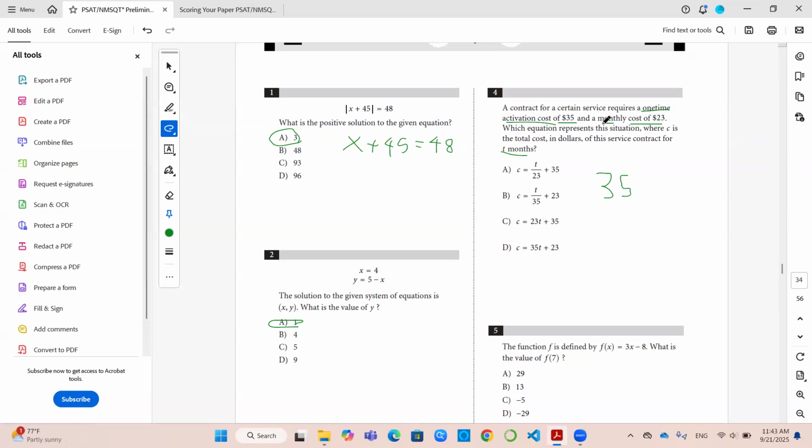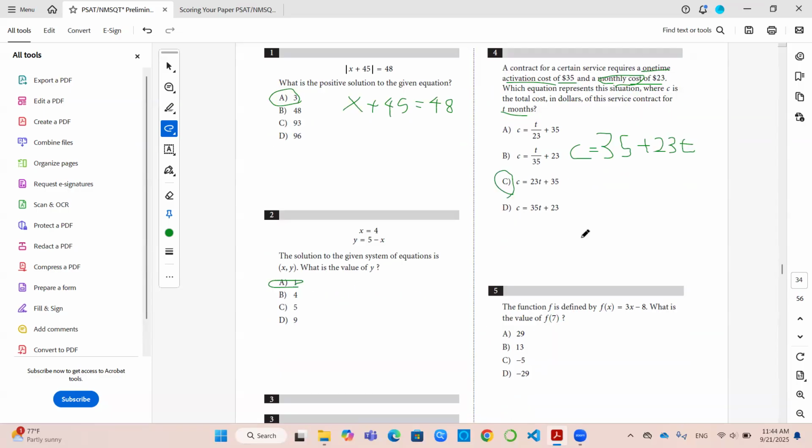And then I see another keyword, monthly cost. So it means that the 23 is not alone. I need to multiply the 23 by a monthly cost. So T is here, right? And this is the total cost. So what's the correct answer? C is the correct answer.